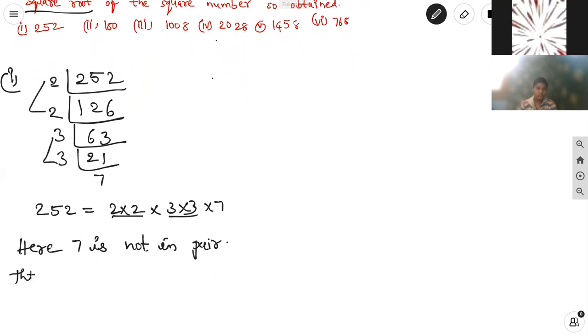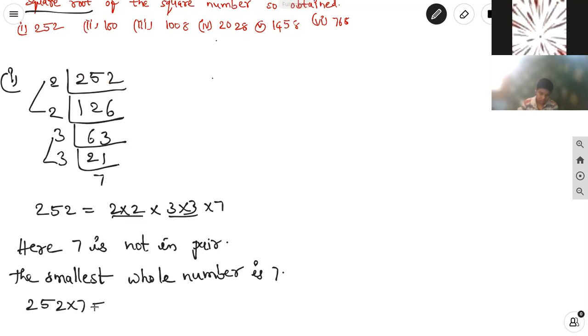So the smallest whole number is 7. We should multiply both sides with 7. 252 into 7 equals 2 into 2 into 3 into 3 into 7 into 7. Now, the prime numbers are in pair.